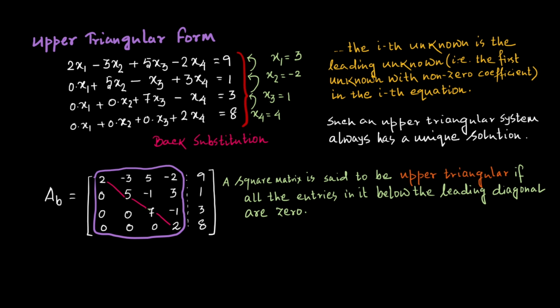Now, this upper triangular form is applicable for systems of equations where the number of equations and number of variables are the same. That is, the coefficient matrix is a square matrix. Now, this will not happen always.